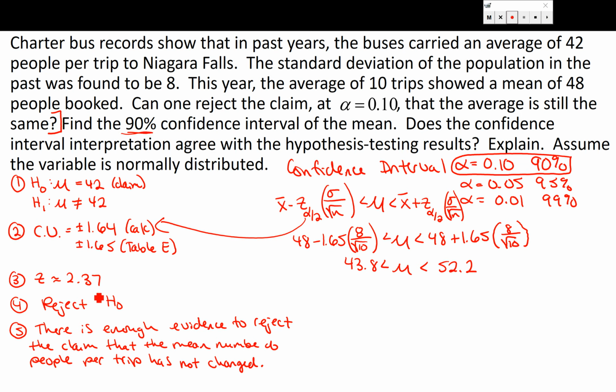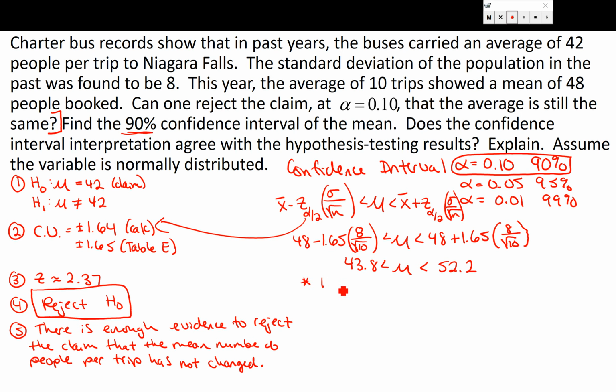Our hypothesis test said to reject. So what does that mean? That means that our confidence interval should not contain the 42 that we hypothesized our mean to be. So we rejected the null.